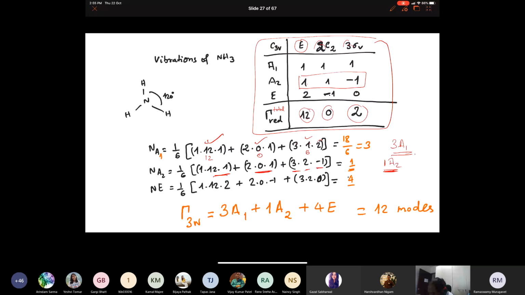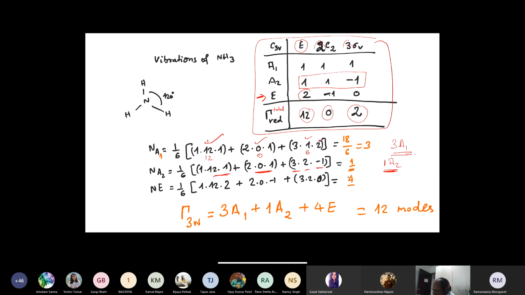So just before I proceed, let me tell you that E is a two-dimensional Mulliken symbol. Under identity, it has to be 2. I told you in the last class. If you've forgotten, I just want to remind you that if there were a T there, a three-dimensional one, under E it will be 3. Okay, so remember that.